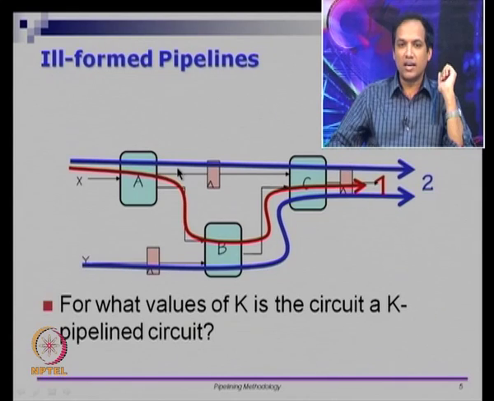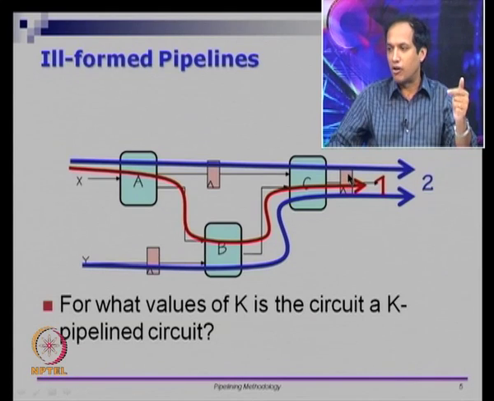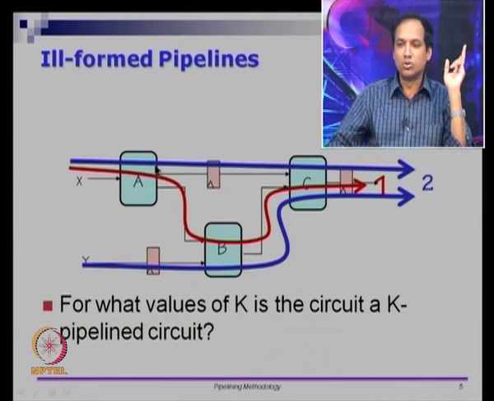So, through A I go, A is completely combinational, no flip flop yet, one flip flop here in this stage, and the output of this is going through some combinational logic and coming to another flip flop here, that is another flip flop stage. So, this path, this blue path, is 2 cycles or 2 flip flop stages.